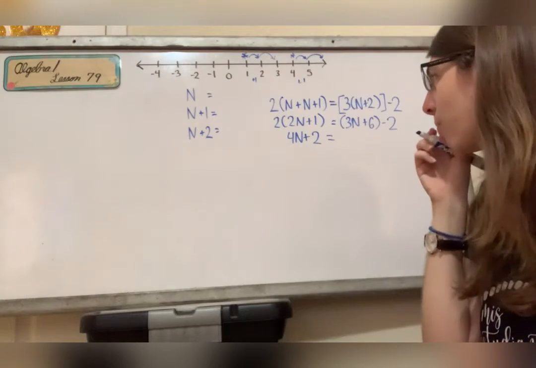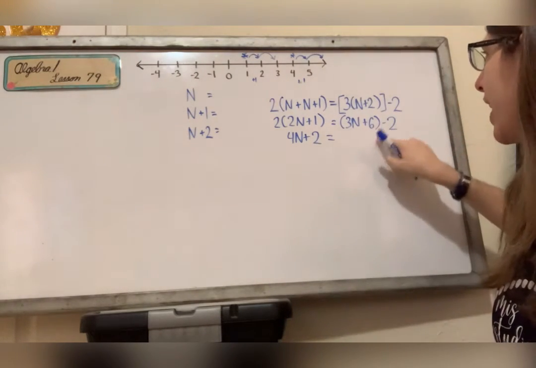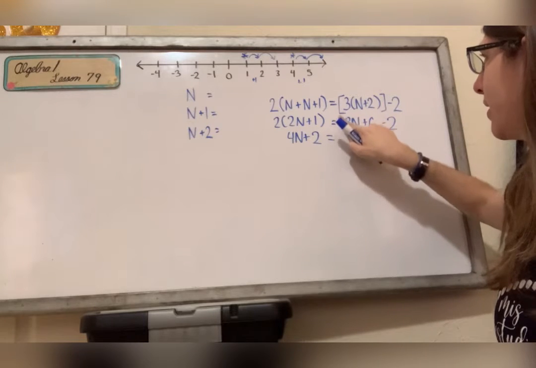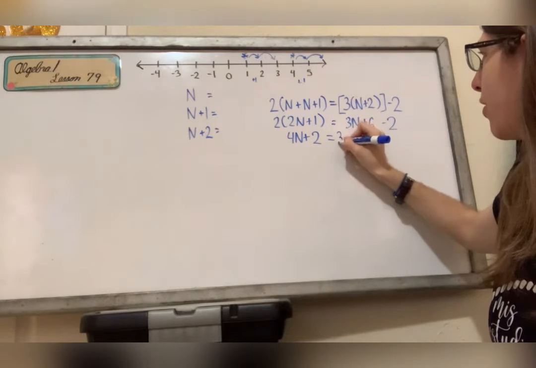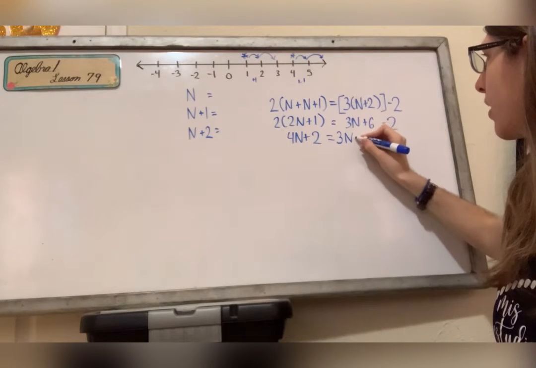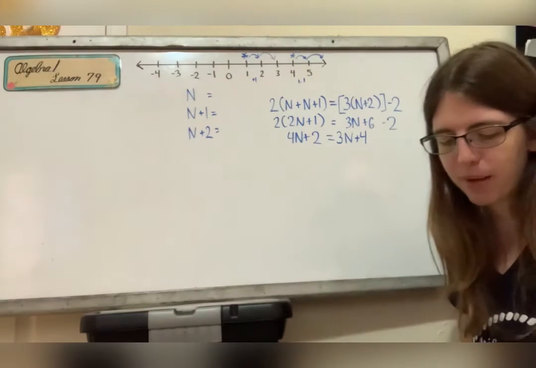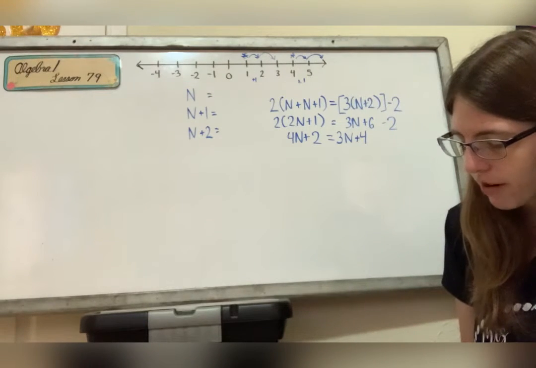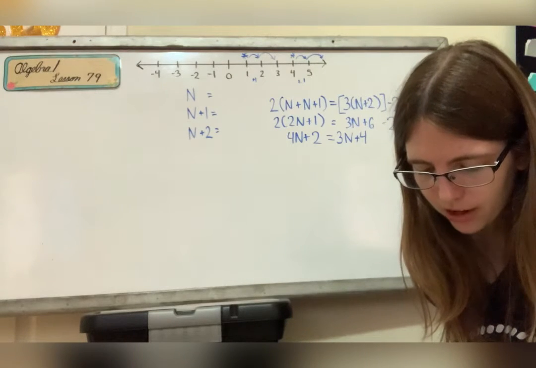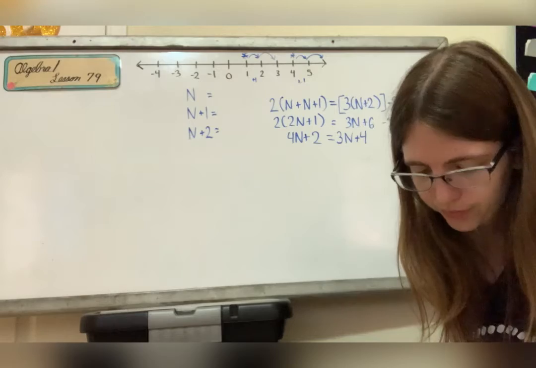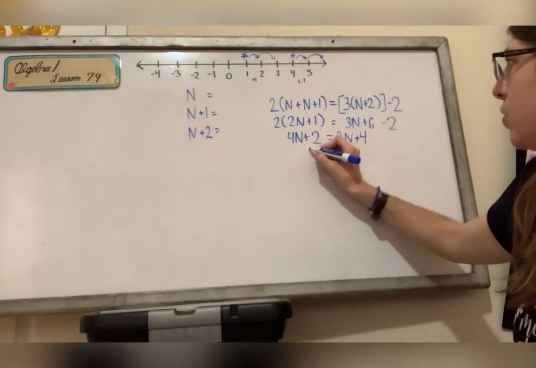Since this is a positive, I'm going to go ahead and drop this parentheses. Then I can simplify, and I just have 3n plus 4, because 6 plus a negative 2 would be 4. Okay? Let me just check one thing here. Yeah, okay. All right, so now I'm going to subtract 2 from this side.